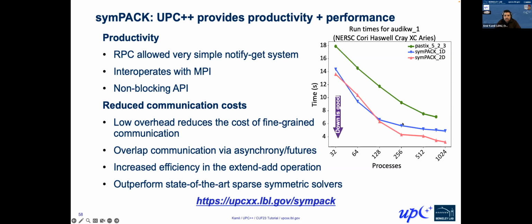You can see that at essentially all scales shown here, SymPack is faster by about a factor of 2 at the larger scales. And again, this was enabled by UPC++ features like RPC.